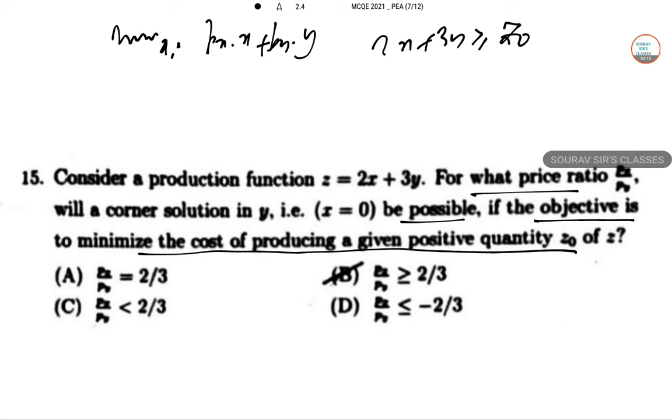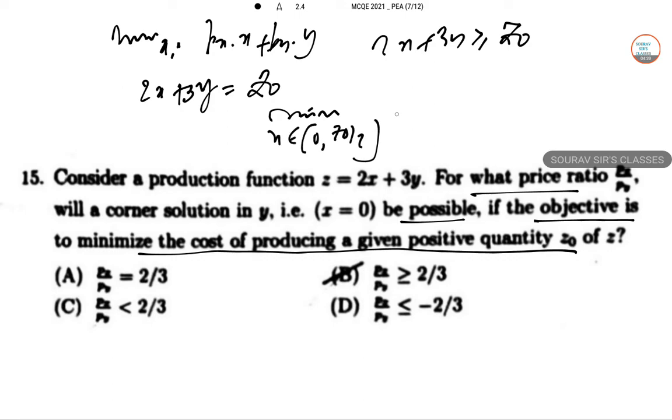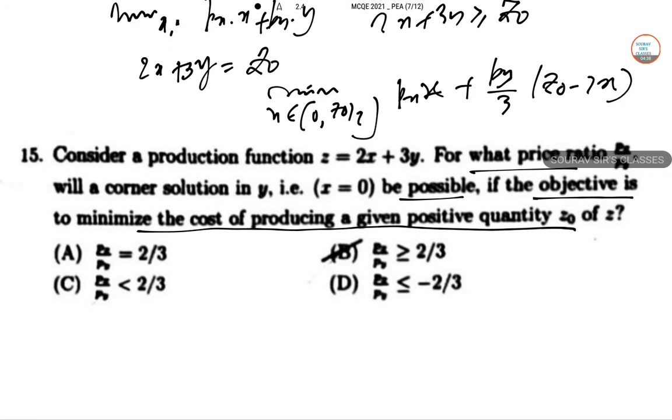At the optimum, 2x plus 3y equals Z0. So the problem can be rewritten as the minimum over x belonging to 0 to Z0 by 2 of Px into x plus Py by 3 into Z0 minus 2x.